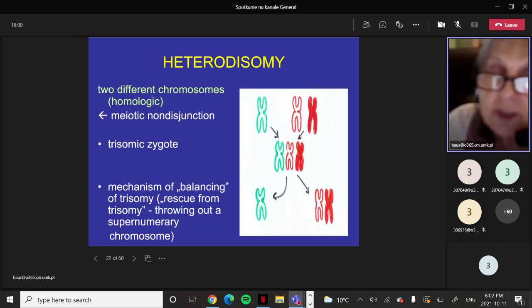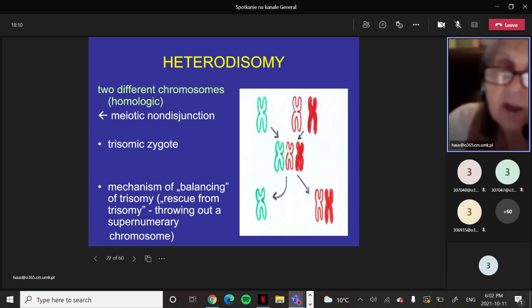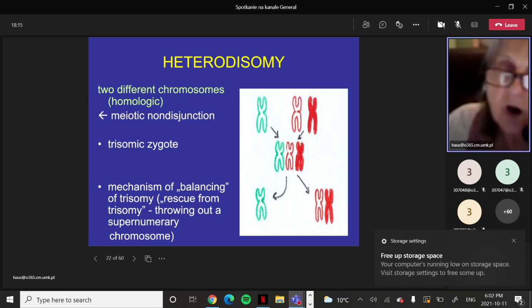Both chromosomes are changed, both genes are mutated, and here we can see the direct transmission of an autosomal recessive disease to a child.